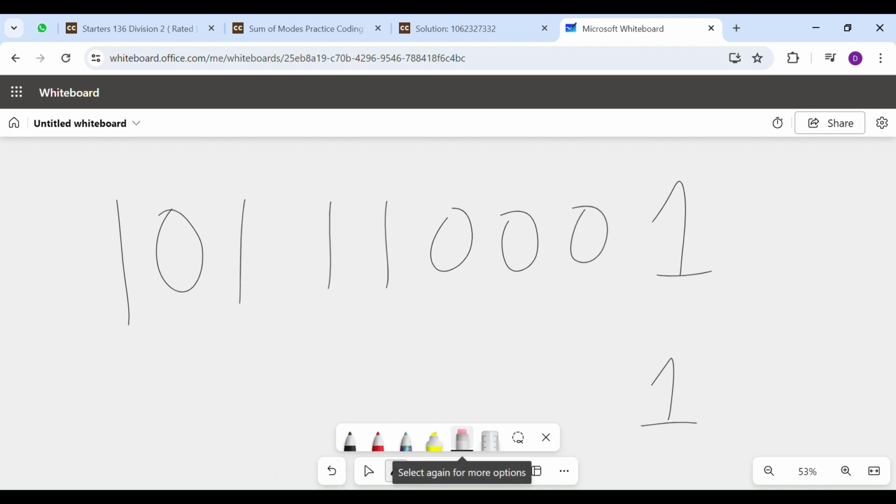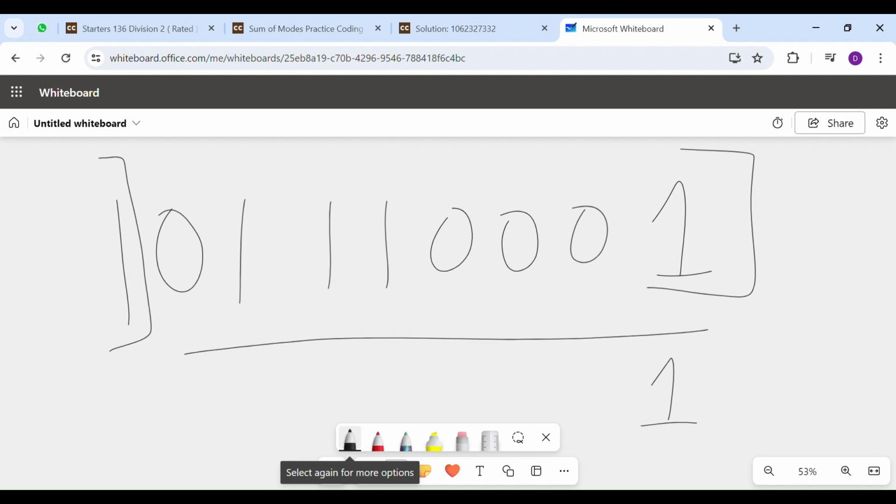Because now let's take this subarray for example. I have to calculate the answer ending at this index. So I know that there's one extra 1 over here. So I have to trim one extra 1 from the start. If I trim this one, then this is one answer. If I trim this part, this is another answer.